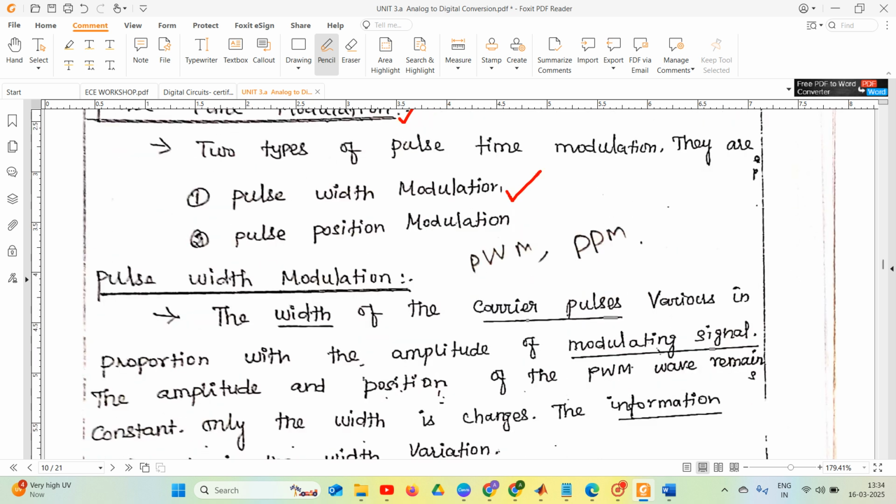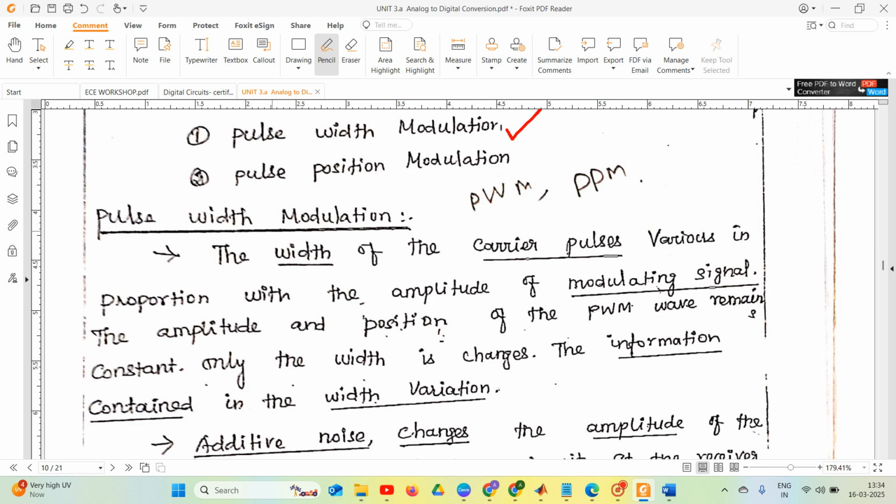As the name itself indicates, here we are modulating the width of the carrier signal according to the baseband signal, or original signal, or modulating signal, by keeping amplitude and position constant.